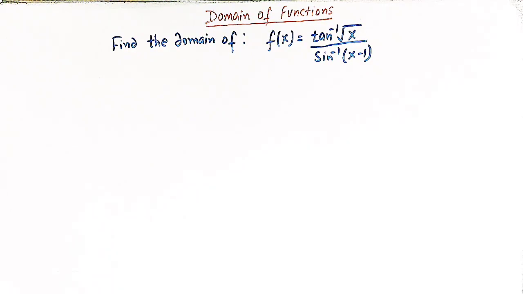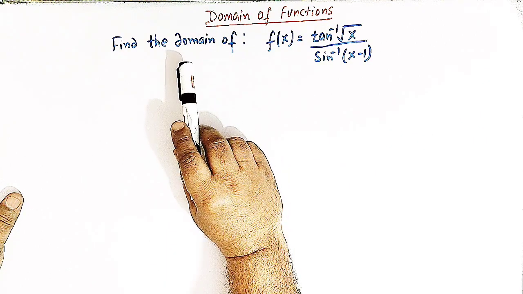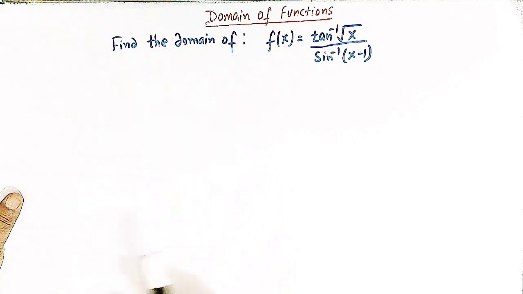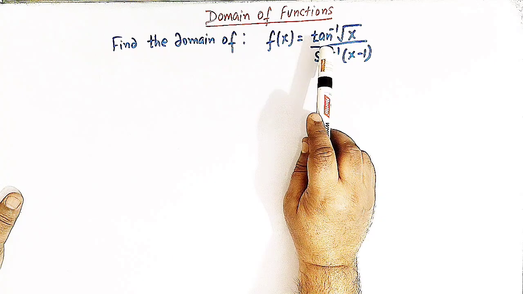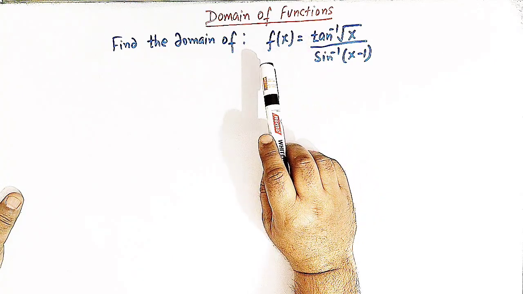Hello, viewers. In today's session, we are going to discuss an important and conceptual problem from the domain of functions, right? And in this class, we'll solve this problem in which we have to find the domain of this function f of x involving the inverse trigonometric functions, right?